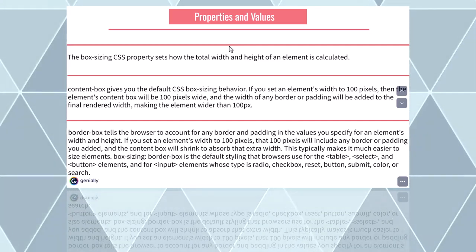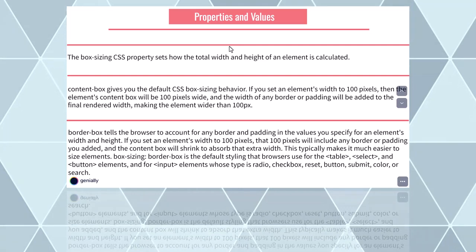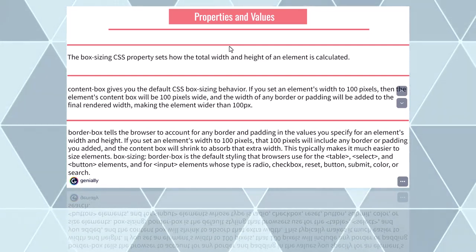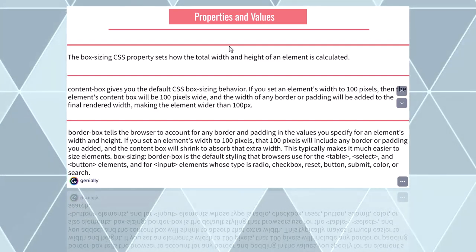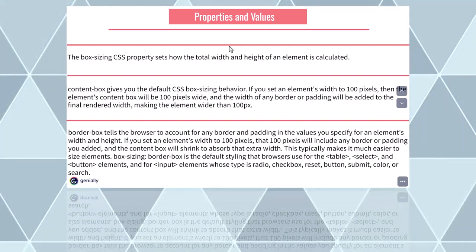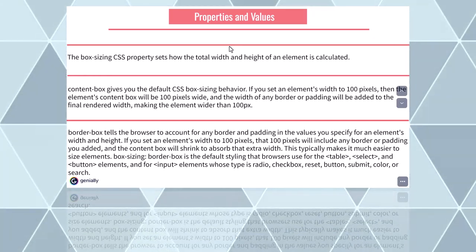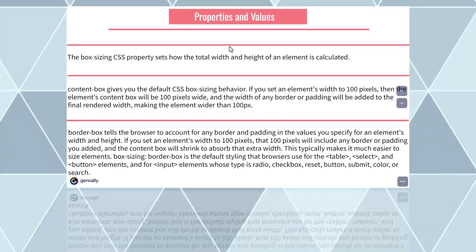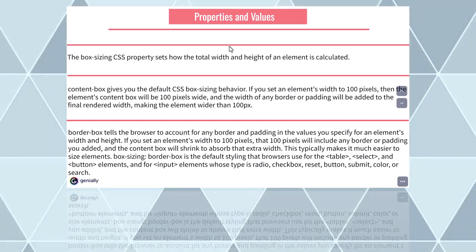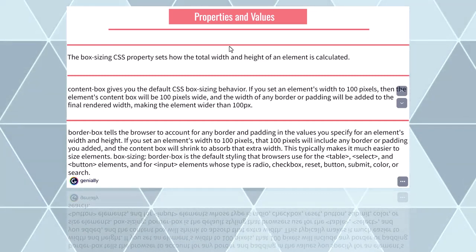Remember guys, we have examples on MDN. That's what I also use to research. Even when you are working, MDN will be recommended at work. So it's so nice that you are learning about MDN at your early stage. That is documentation. Okay, so content box adds width on top of your parent content.